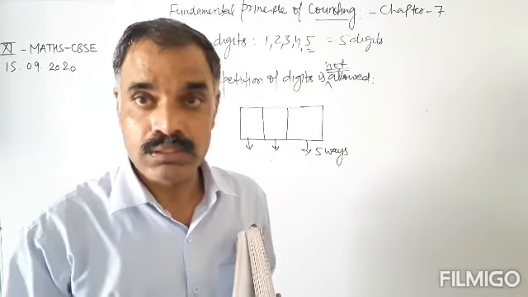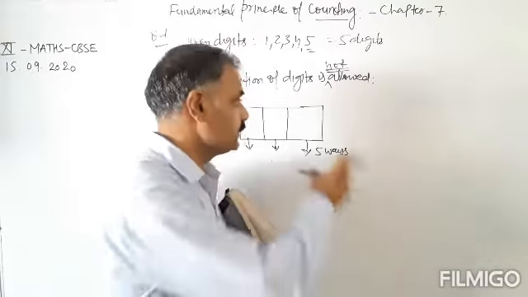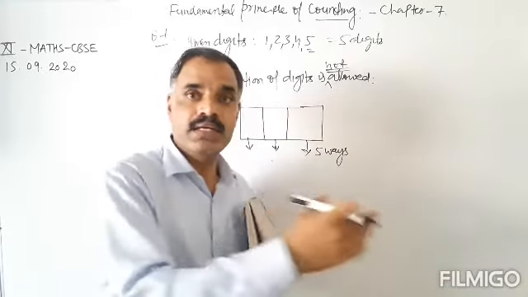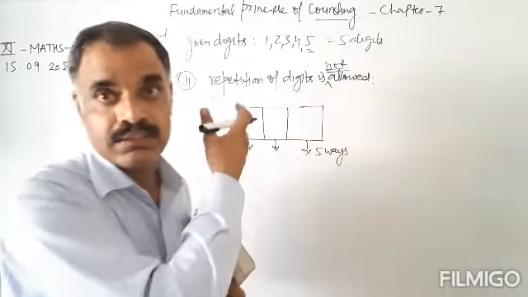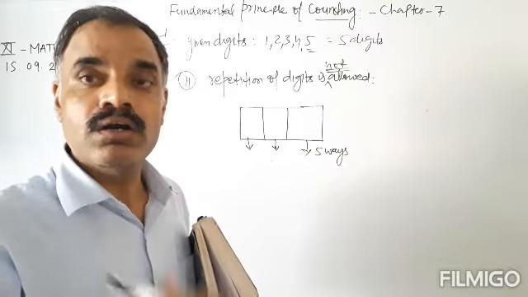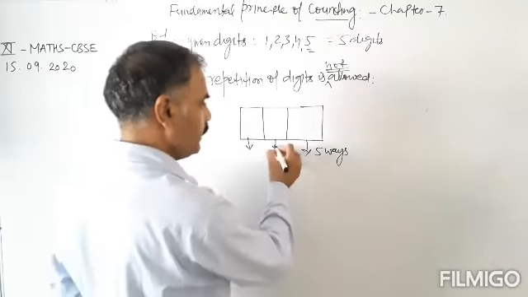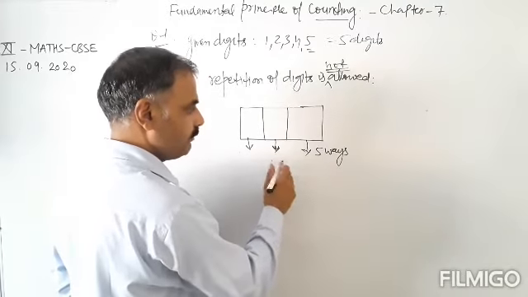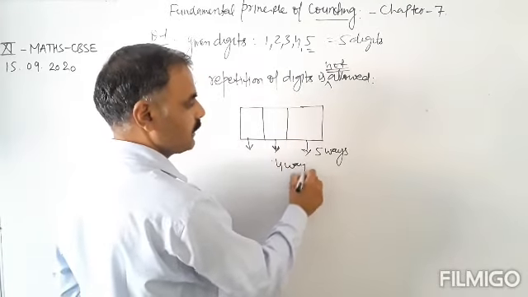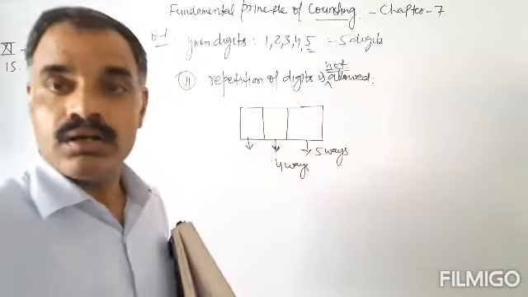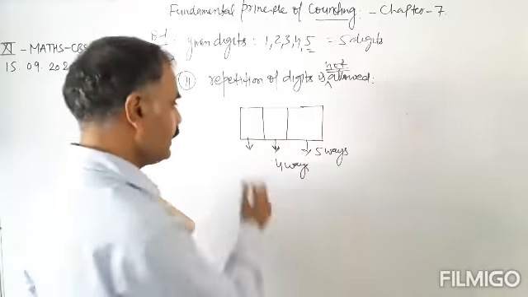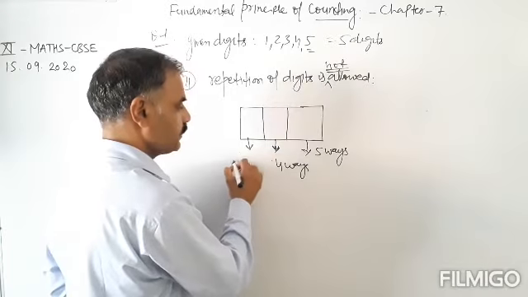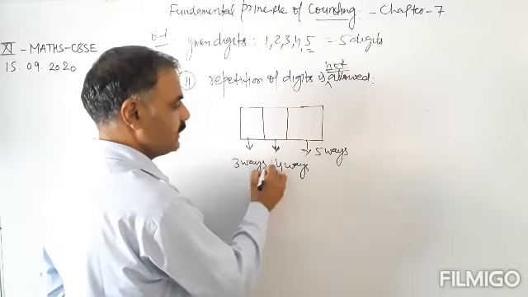Now the digit that we have used here will not be repeated in the next places, that is the tens place or the hundreds place. So this place can be filled in 4 ways only, and this place can be filled in only 3 ways, meaning 3 digits.